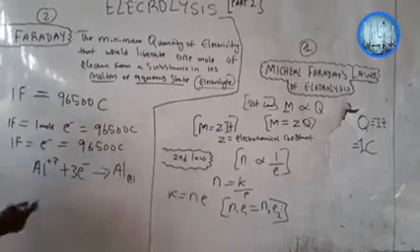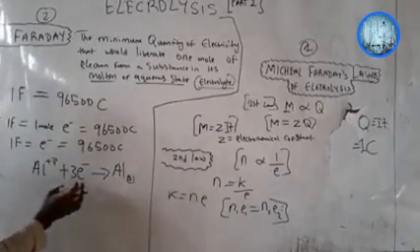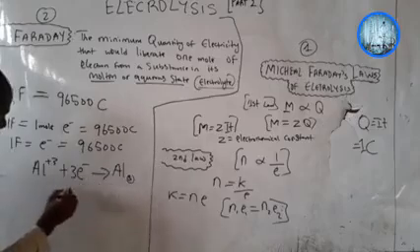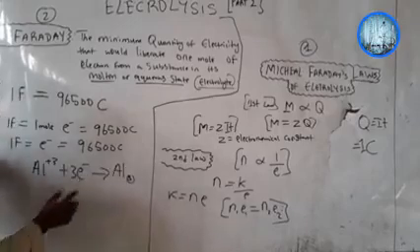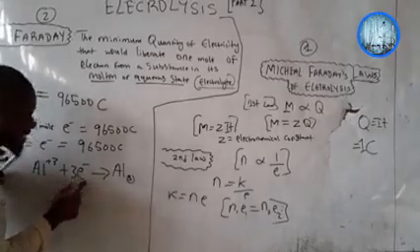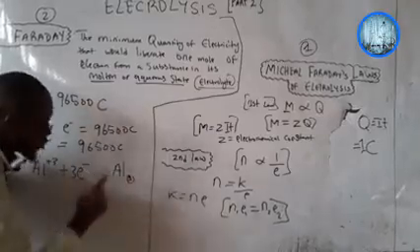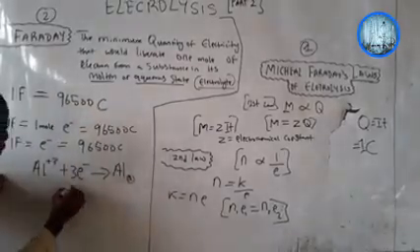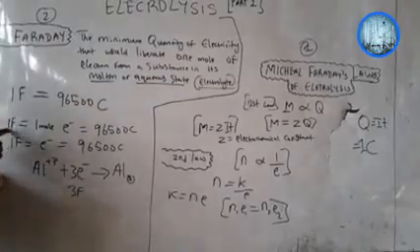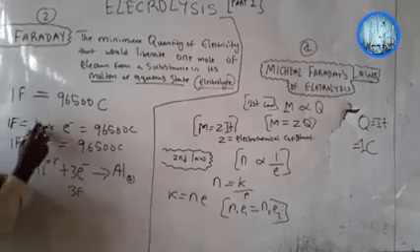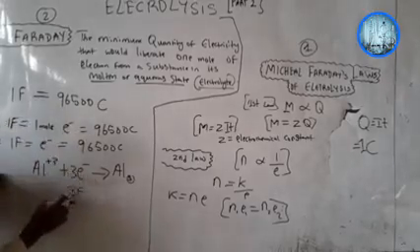The information here is that 3 moles of electrons give us 1 mole of the atom. Like I said, 1 Faraday is equal to 1 mole of electrons, so these 3 moles of electrons become 3 Faraday.